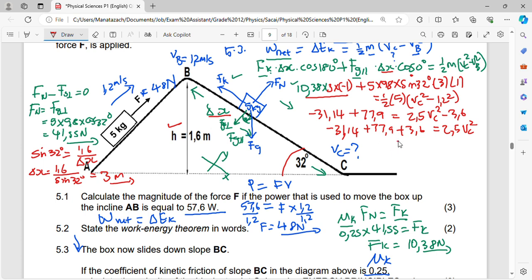The left hand side gives me 50.36. It's equal to the right hand side, which is 2.5 Vc squared. Now I'll divide both sides by 2.5. Then I'll get Vc squared is equal to 20.14. Then I can put a square root on both sides. Then I'll get Vc is equal to 4.5 meters per second. That's it.